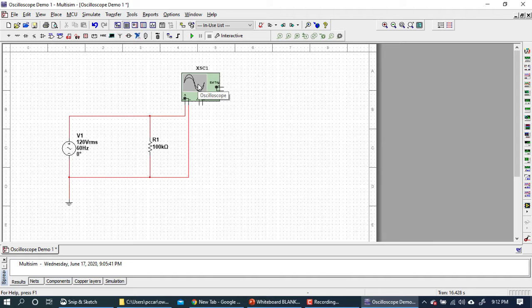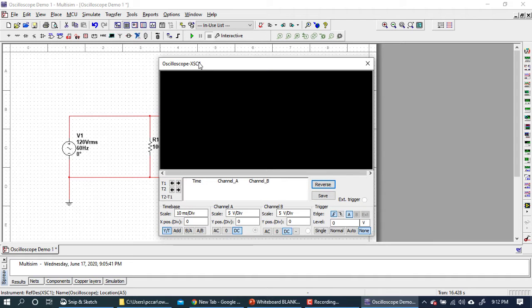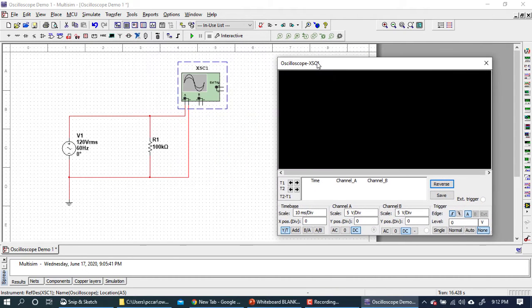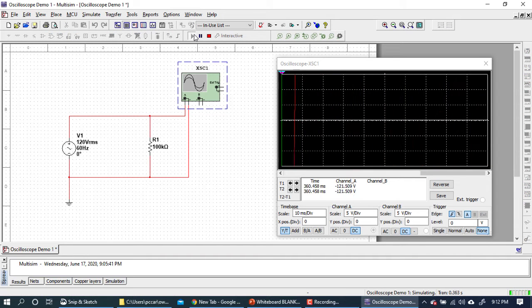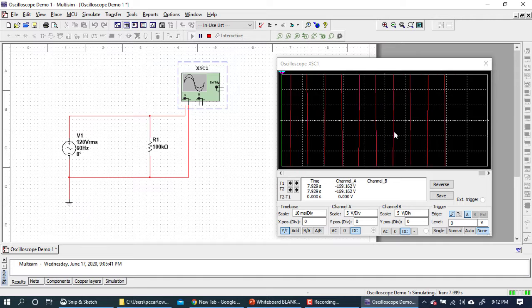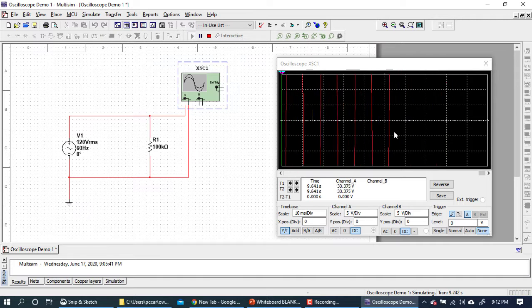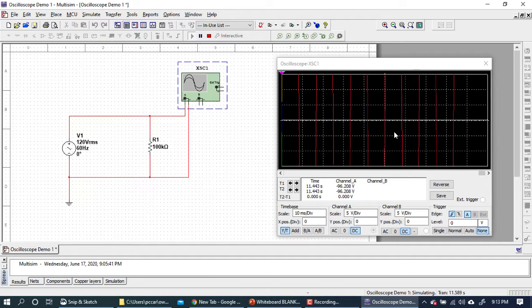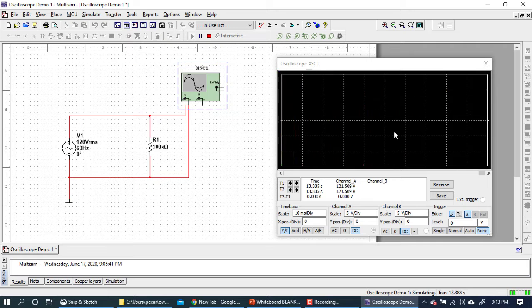Now let's double click on the oscilloscope, and that will open up the oscilloscope window that you see here. And let's run the circuit. And there we go. I'm just going to let it sit there and run a minute. Now, it doesn't matter whether you're using an old oscilloscope or a new oscilloscope, like the newer digital kind, which we'll look at in just a moment.